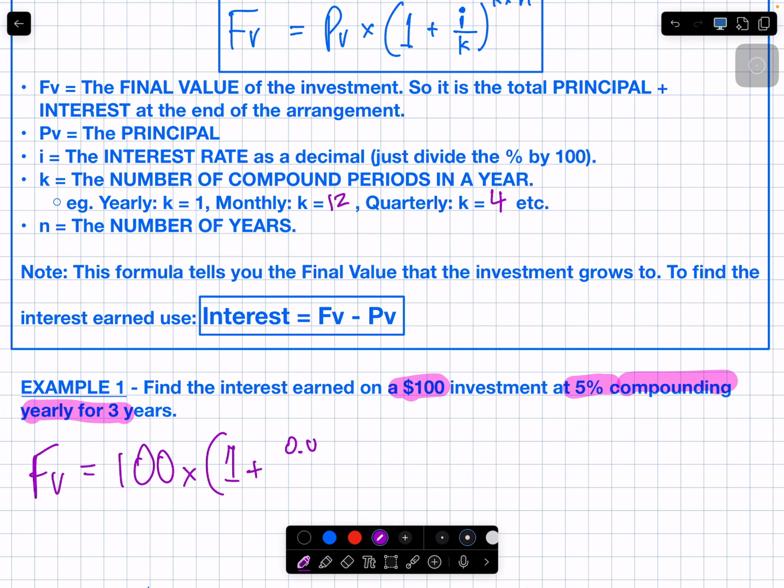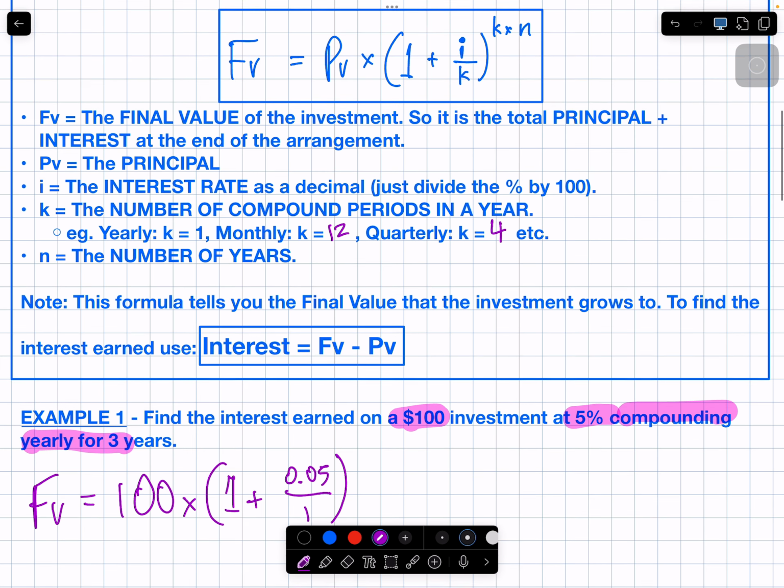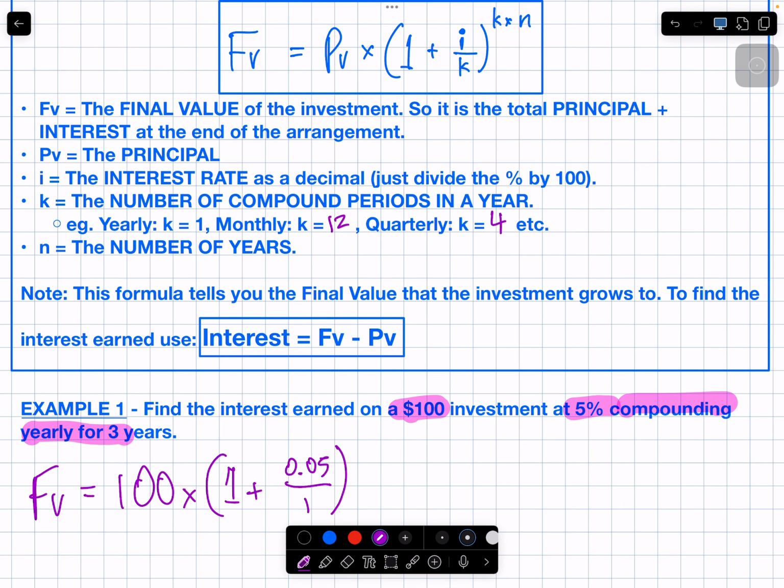Good, 0.05 divided by K. K is the number of compounding periods per year. It says it's compounding yearly. So how many times in 1 year? There's 1, so it's over 1. And then we do K times N as the power. You just decided K was 1. How many years was this for? 3.